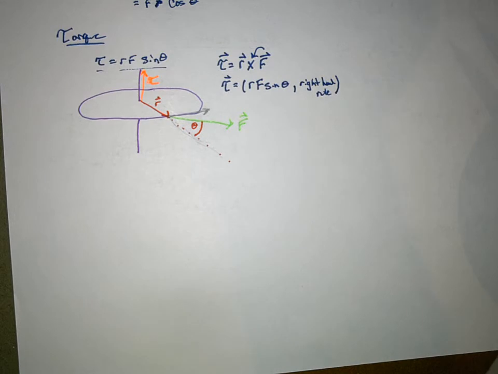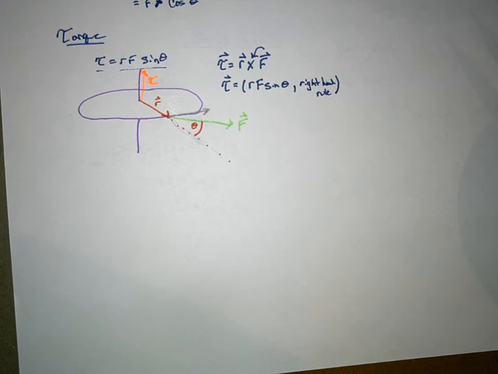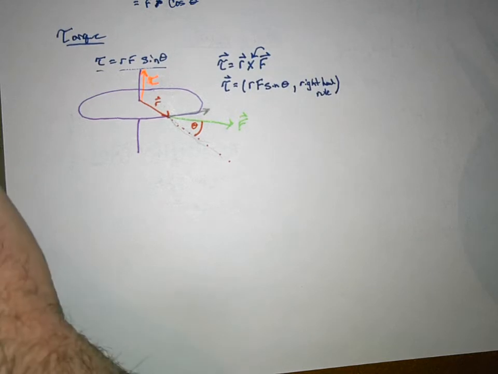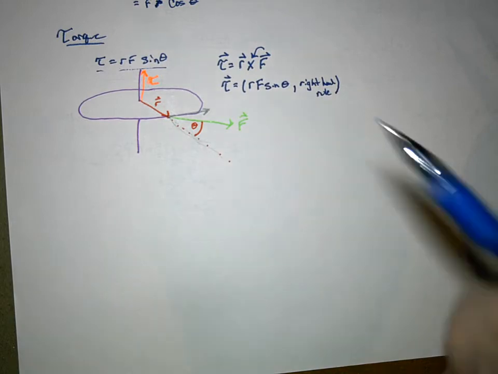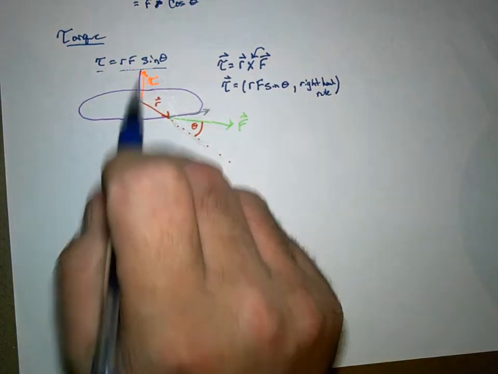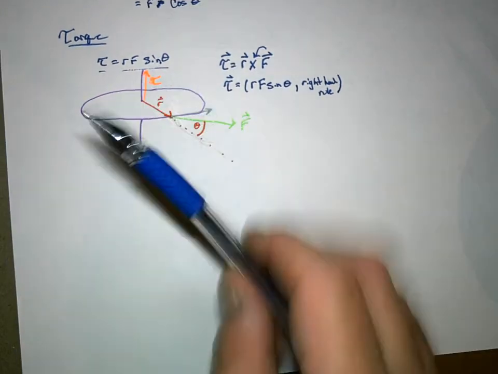It's similar to if you find the tangent plane to a surface at any particular point, the normal vector defines what that plane is. So that's why we have this torque coming out, and that defines the plane of the two vectors that are crossed into each other.